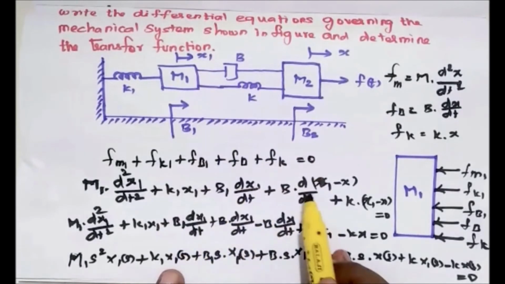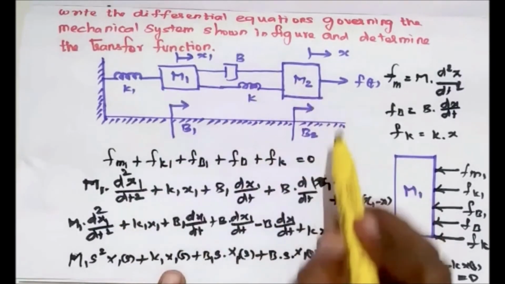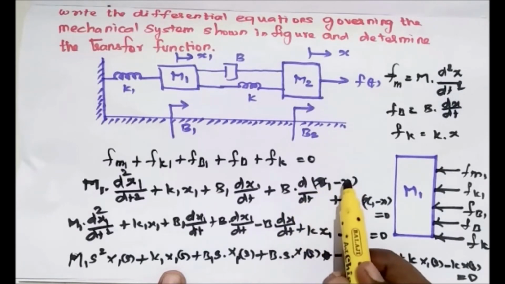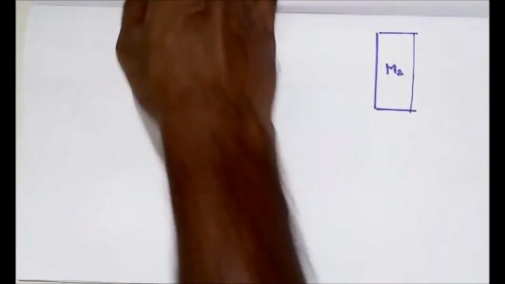Suppose we have written here for damper b into d by dt of x1 minus x for mass 1, but for mass 2 the same equation we can write as b into d by dt of x minus x1. So now we are going to consider mass 2.